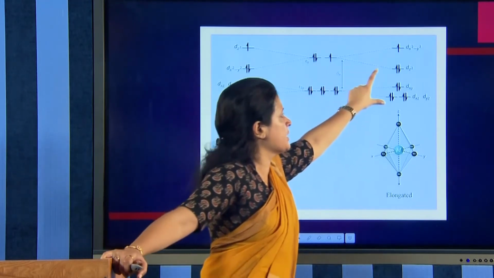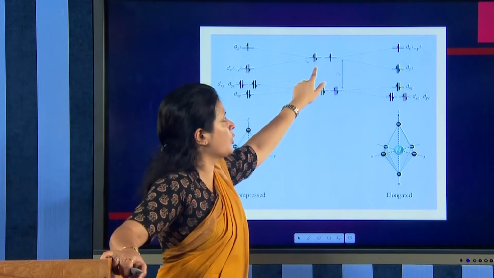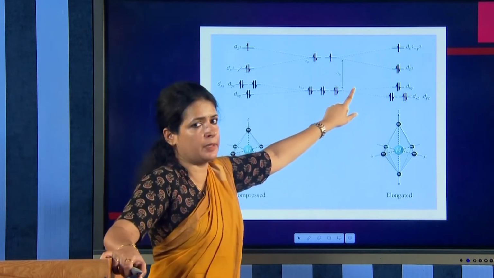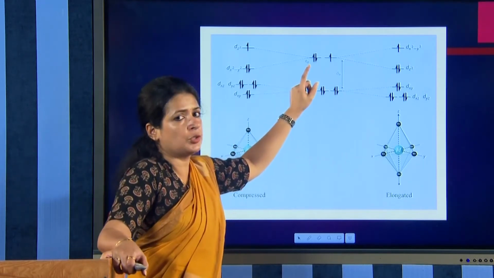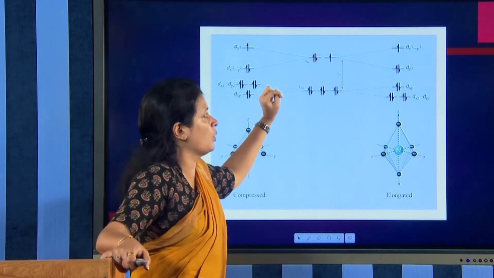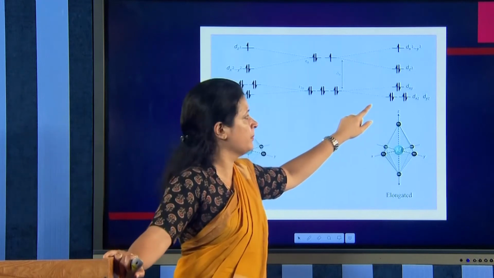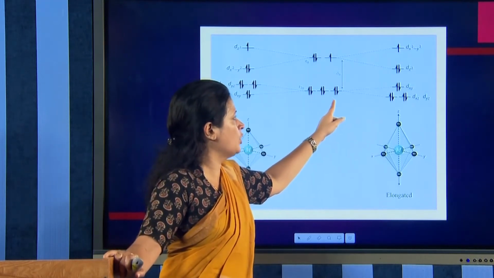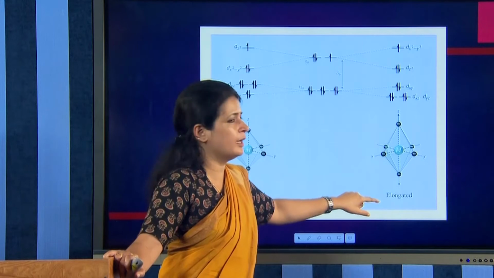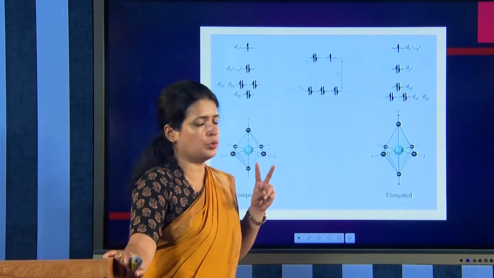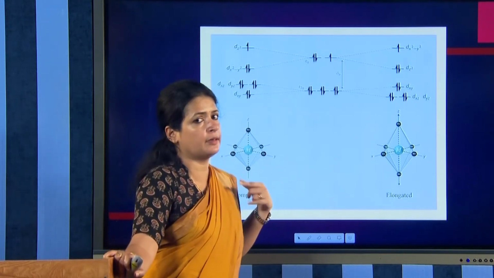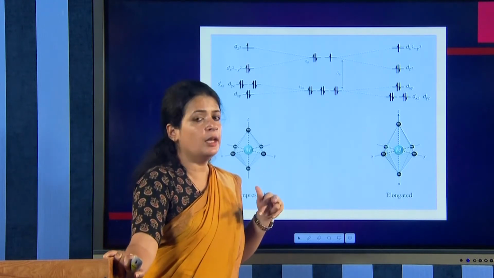The first situation is like this. If it is occupying the dz square orbital, meaning the third electron is moving to the dz square orbital, the arrangement will be like this. See this, the T2G orbitals. In the tetragonal case, we have 2 types of complexes, that is tetragonal elongation and tetragonal compression.